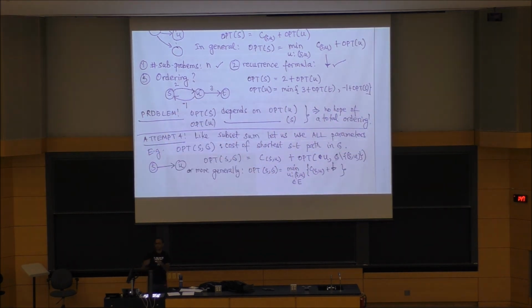So you don't get the same opt twice. S might depend on U and U might depend on S, but the actual G values would be different. So this solves the ordering problem.